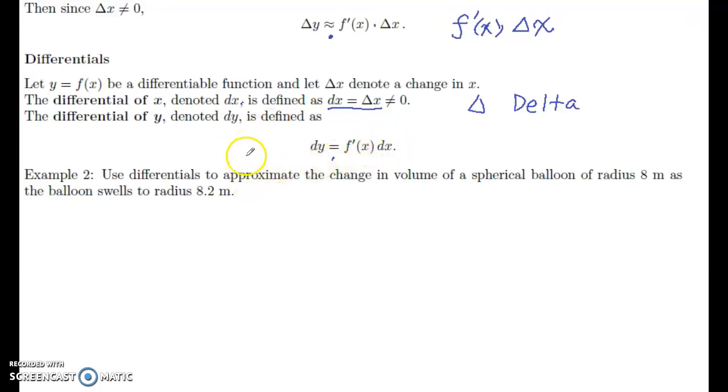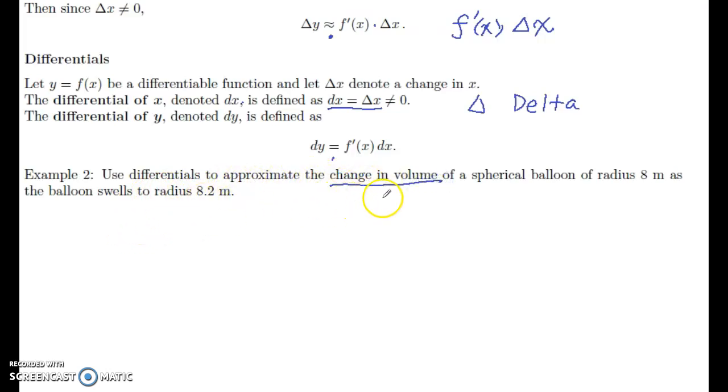So how do we apply differentials? Let's take a look at Example 2. We use differentials to approximate the change in volume of a spherical balloon of radius 8 meters as the balloon swells to radius 8.2 meters. So we want to approximate the change in volume.